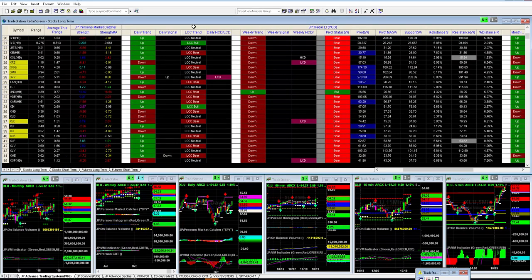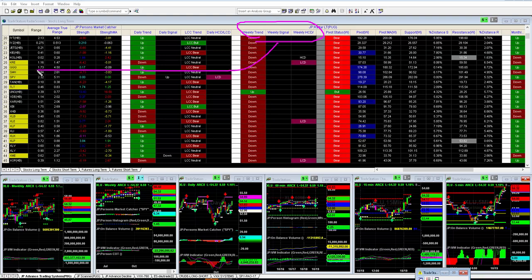Now, I'm going to go down this. I want you to focus in on, once again, these three columns here, and you can go over and look at the stocks and the sectors. You'll see from telecoms to transportation to regional KIE, the insurers, KIE is insurers, KRE is the regional banks. There it is. Down, down, down, down, down. UNG is up.